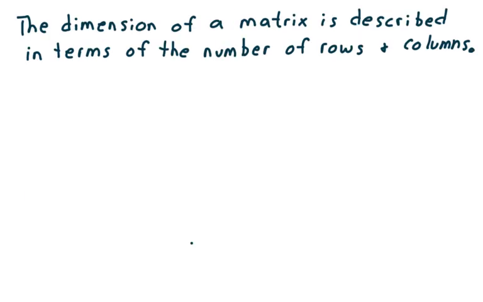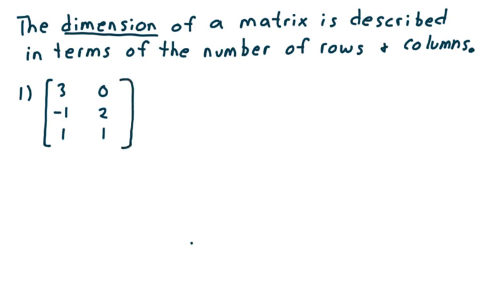The dimension of a matrix is described in terms of the number of rows and columns. So let's circle back to our first example. We have the matrix 3, 0, negative 1, 2, 1, 1.